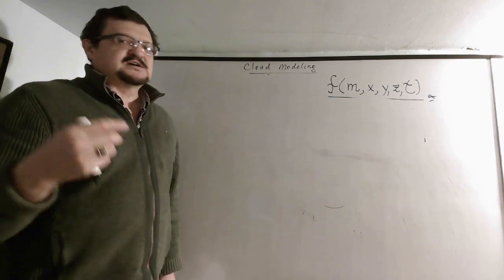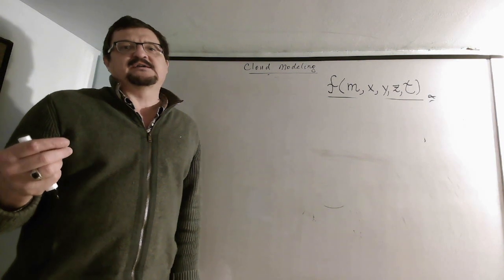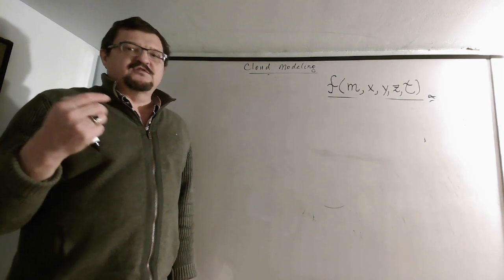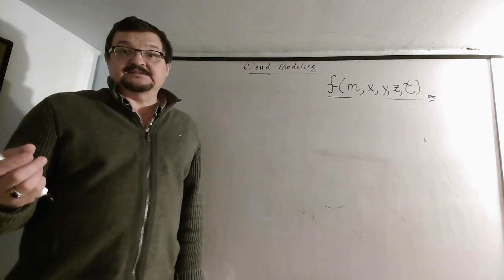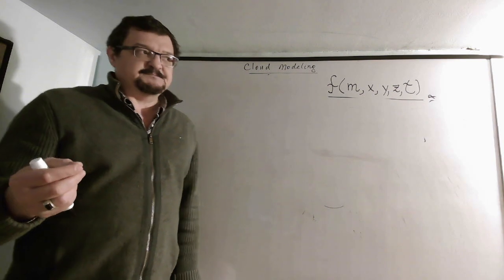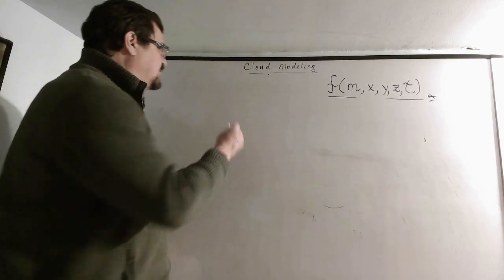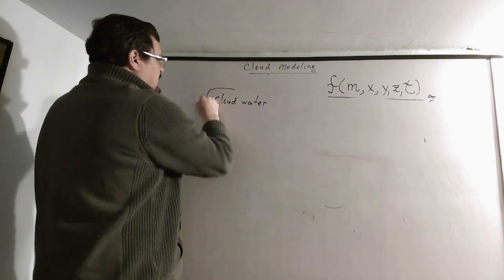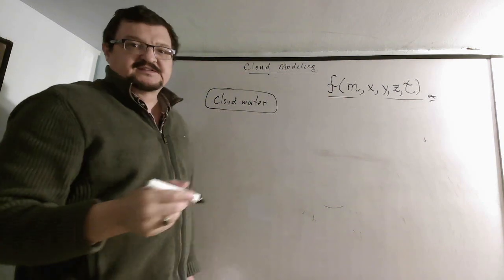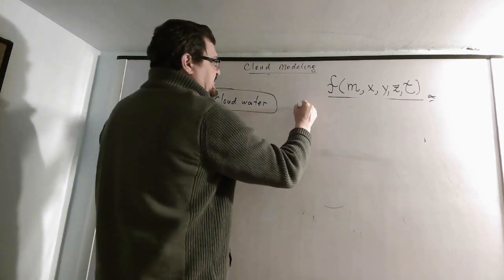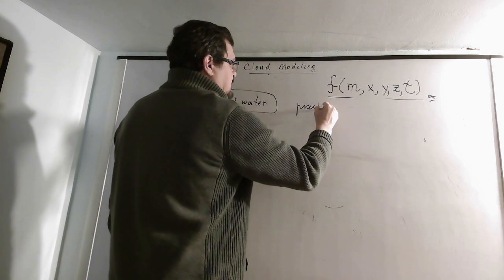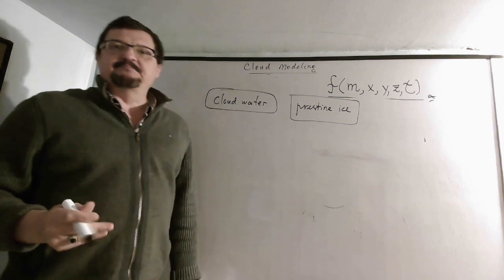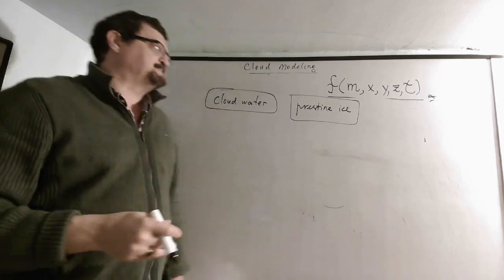For example, cloud water is predominantly grown by condensation or by evaporation, and then you have so-called pristine ice, which also grows predominantly by deposition or sublimation.